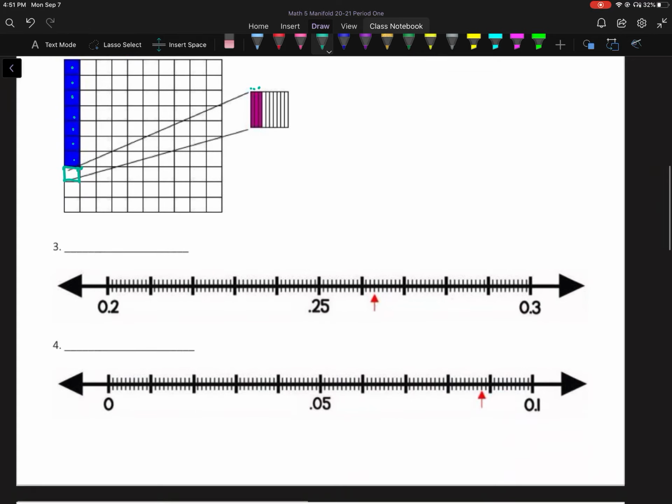On our number lines, we are looking at a span of 1/10. So we've got from 2/10 to 3/10. So each of my thick lines is representing 1/100.